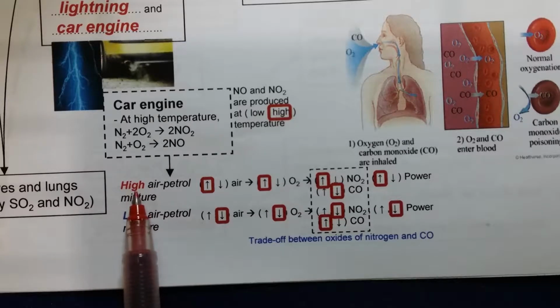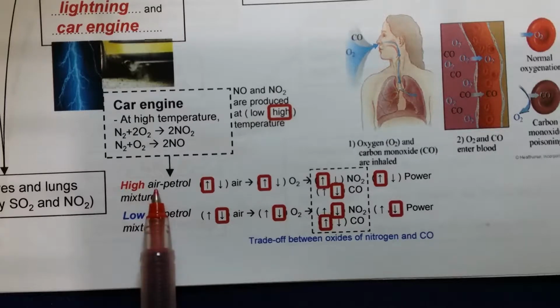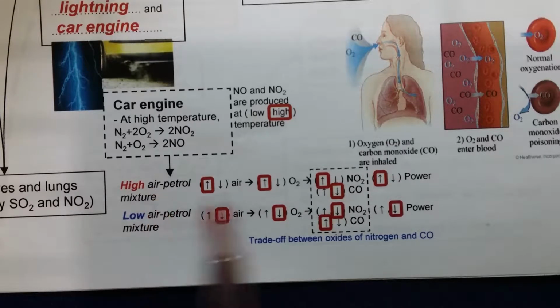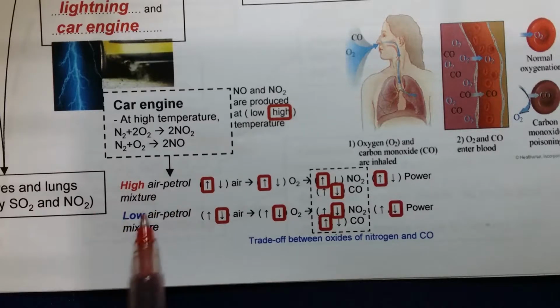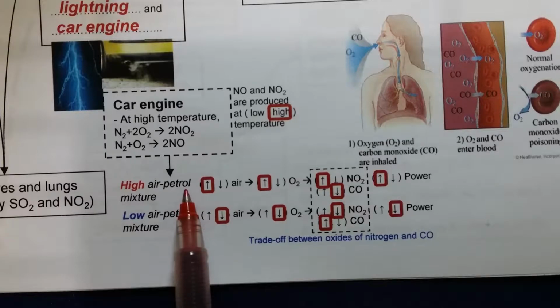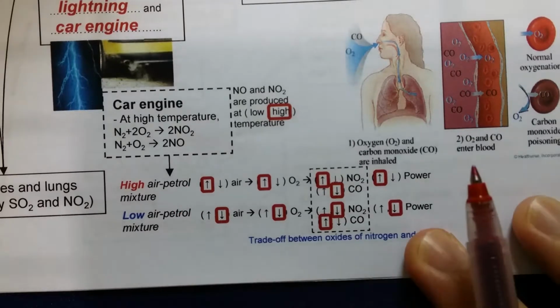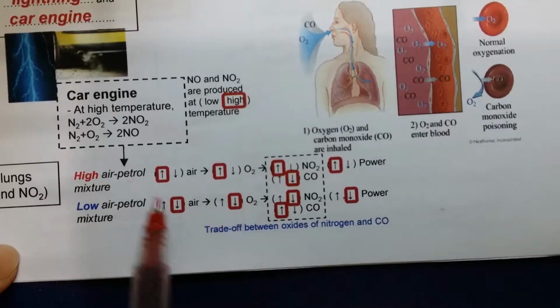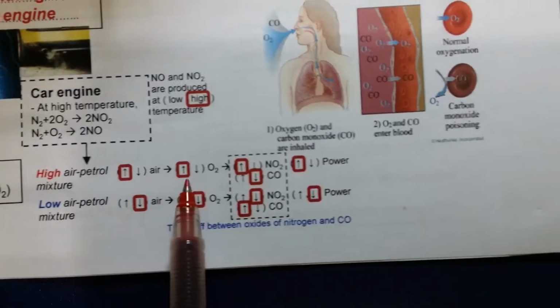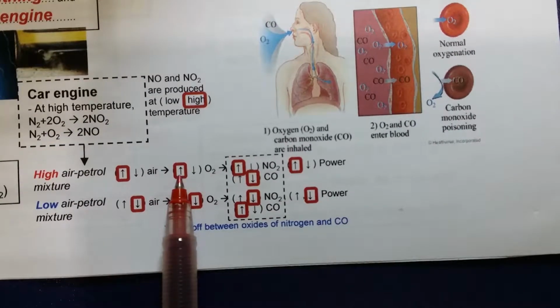In the instance of high air petrol mixture, which means that the percentage of air is very high, the percentage of petrol is very low. That means there is a lot of air, very little petrol. So if you have a mixture of a lot of air, very little petrol, now what happens is there will be a lot of oxygen, because a lot of air means that there will be a lot of oxygen.